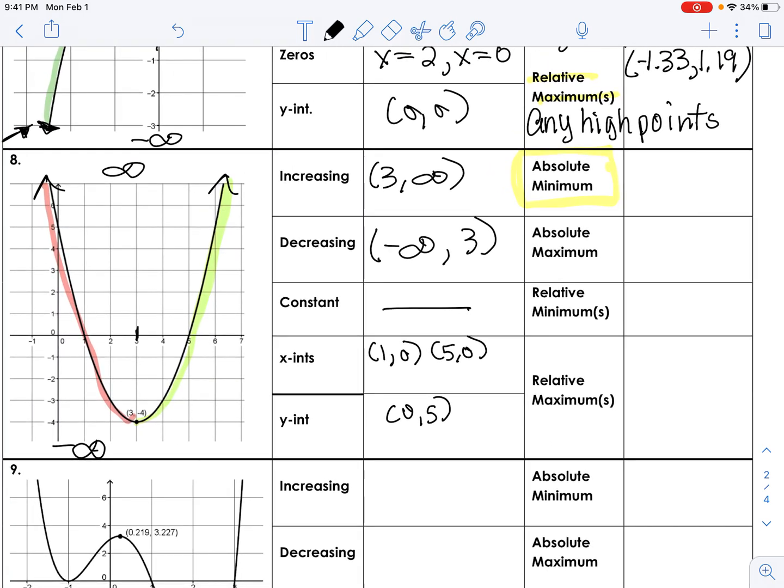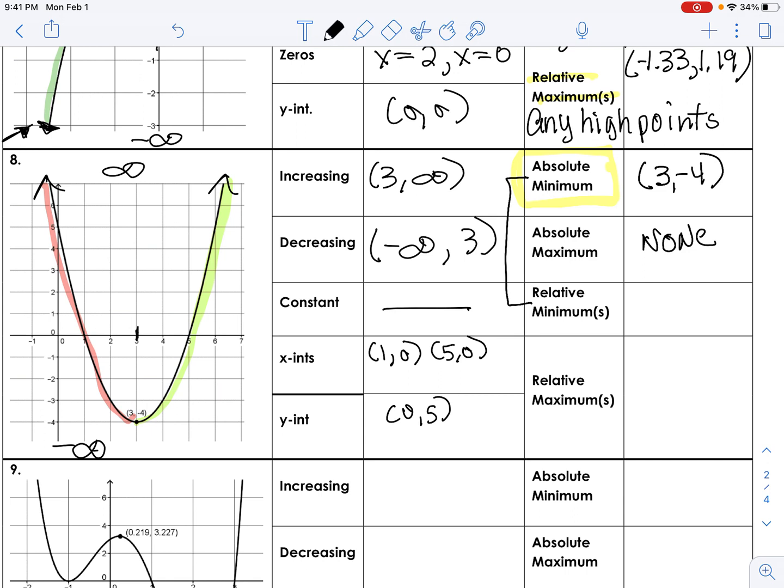And now let's go over and talk about the new stuff. Absolute minimum. Well, this is a quadratic. There is an absolute minimum. The absolute minimum is the lowest point on the curve. So let's see if you got that right. (3, -4). Absolute maximum. There isn't one. Those two arrows are pointing up at the ends of the quadratic. Keeps on going. No absolute maximum.